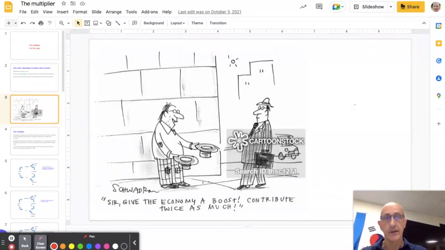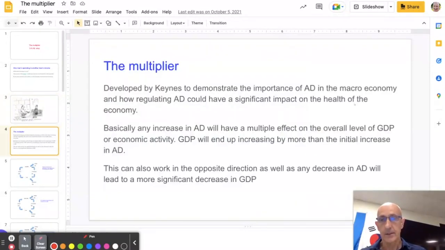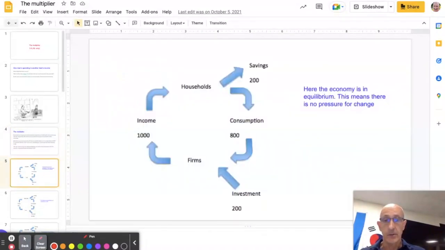They need to be given the incentive to produce, which comes from a level of spending and demand within that economy. So demand has to lead. The multiplier was developed for him to help explain the importance of aggregate demand and the manipulation of aggregate demand in the macroeconomy.